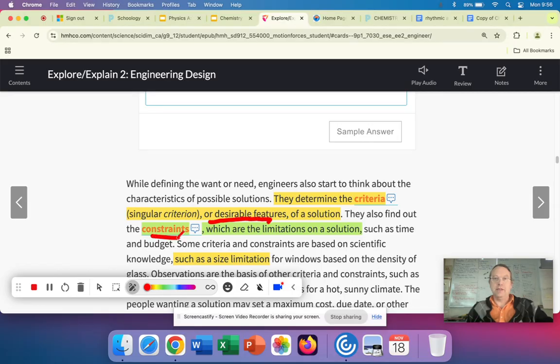A constraint is a limitation, like size limitations.